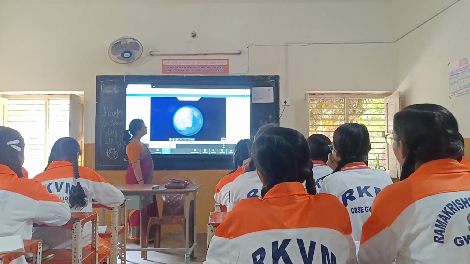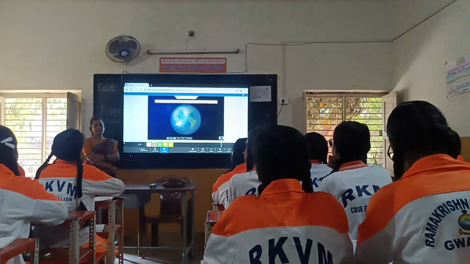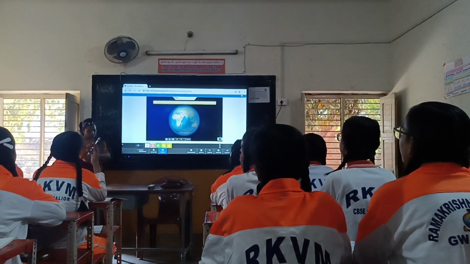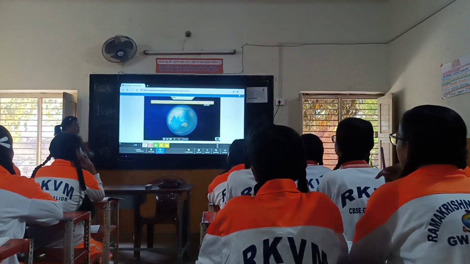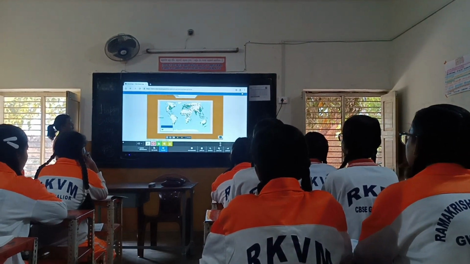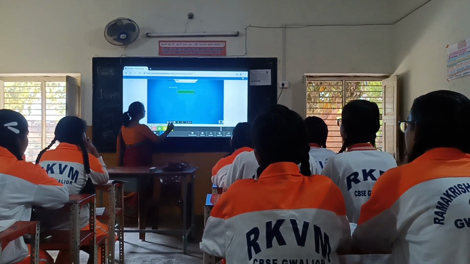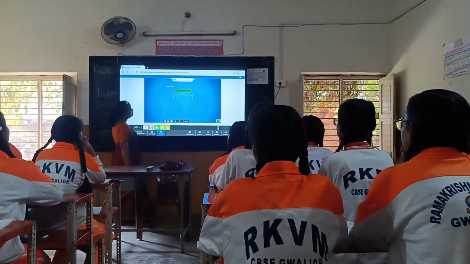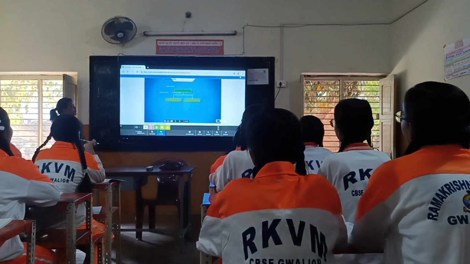The importance of agriculture can be estimated from the fact that about 50% of the people in the world are engaged in agriculture and agriculture-related activities. But only a few places in the world are suitable for farming. Farming can be divided into two types: subsistence farming and commercial farming.